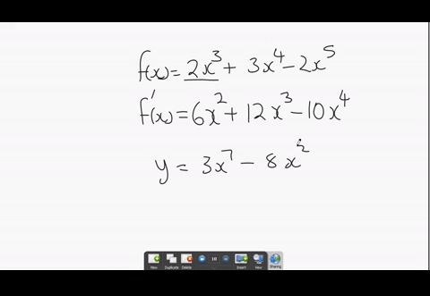And this one, instead of giving us f prime of x, will give us dy/dx is equal to, yes, you guessed it, 21x to the power of 6 minus, again, minus 16x to the power of 1. You don't have to put the 1, but I just put it there just for control.